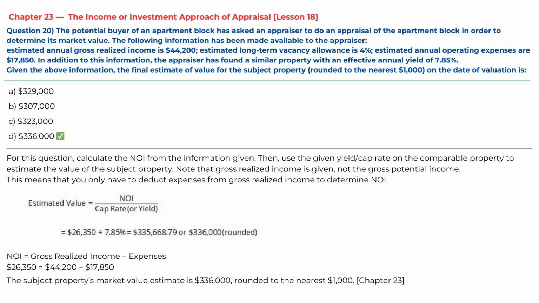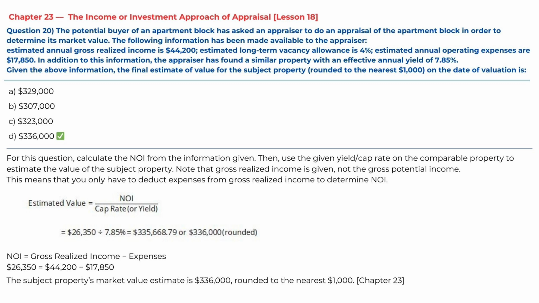In addition to this information, the appraiser has found a similar property with an effective annual yield of 7.85%. Given the above information, the final estimate of value for the subject property, rounded to the nearest $1,000, on the date of valuation is. For this question, calculate the NOI from the information given.